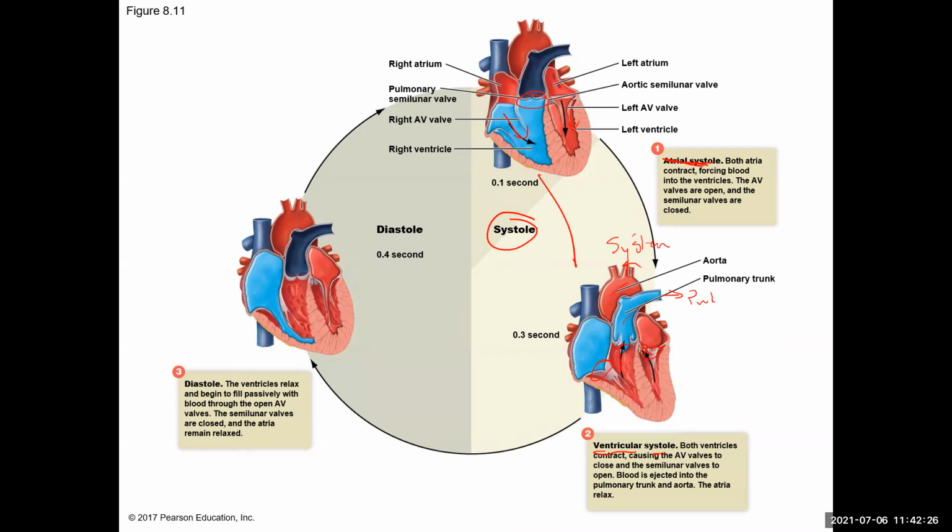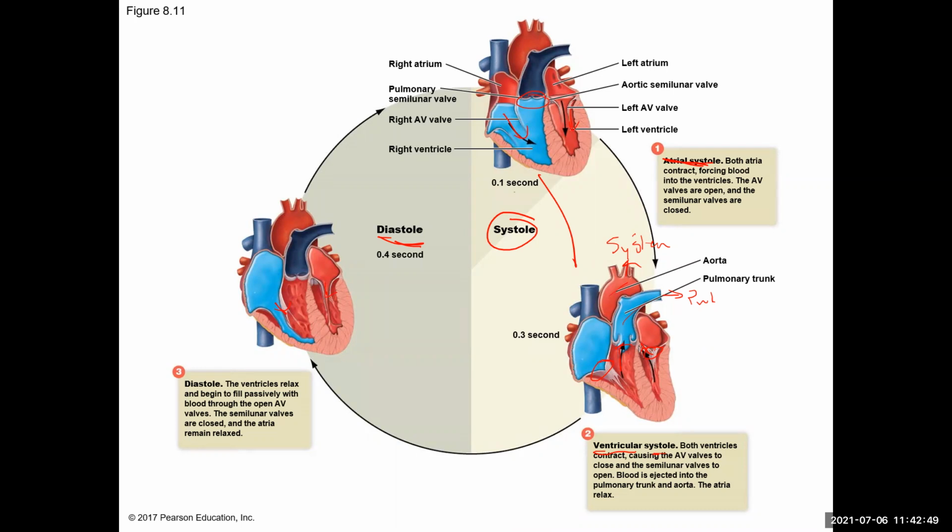Once this happens, you then have the relaxation of both the atria and the ventricles, and that's the diastole. And once this happens, you'll have some passive movement of blood from the atria into the ventricles during that relaxation. And then the atria will contract again and start the cardiac cycle all over.